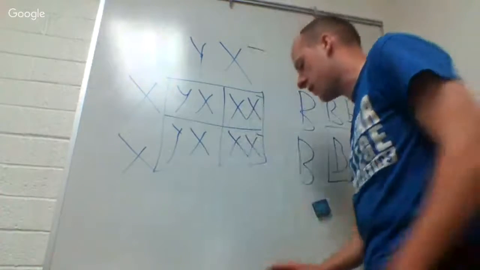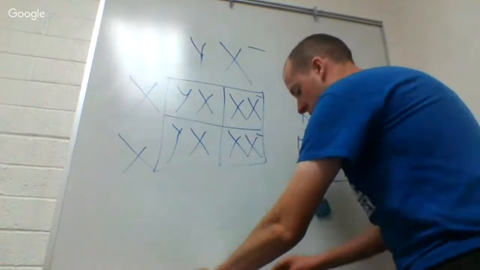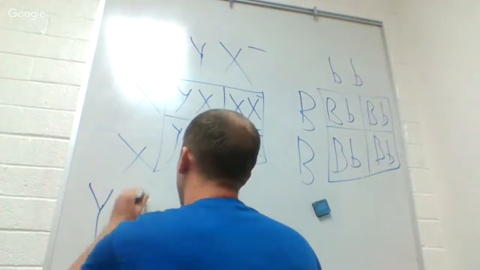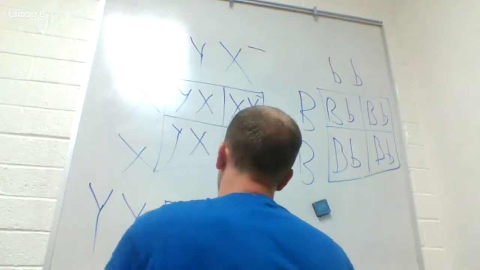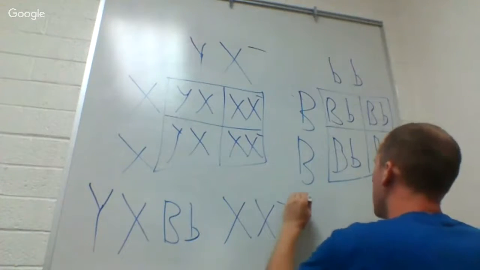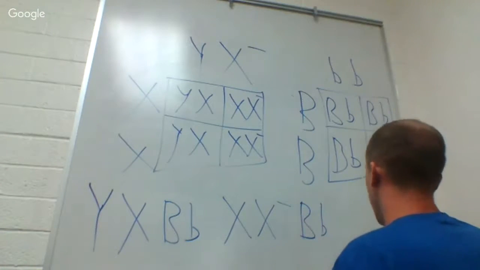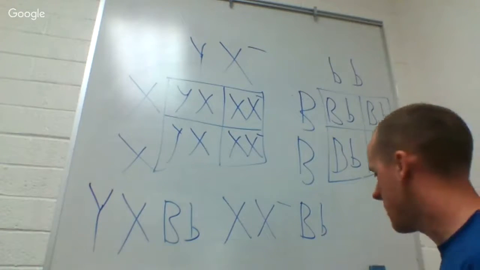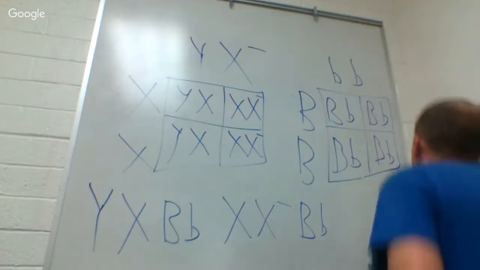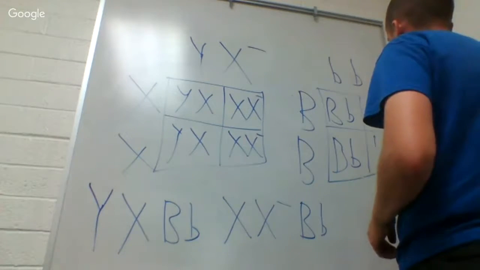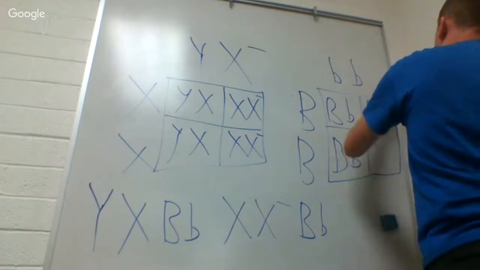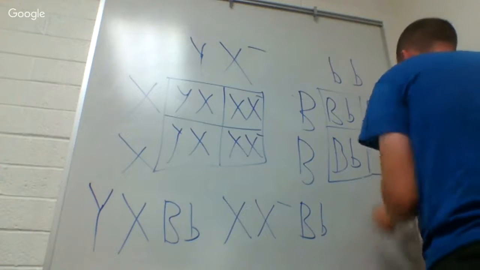Okay, so for this one, let's write down the genotypes first, so we don't forget. Okay, so these are the genotypes of the parents that are being crossed, the F1 parents that are crossing to make an F2 generation. Let's erase some of it, not all of it.